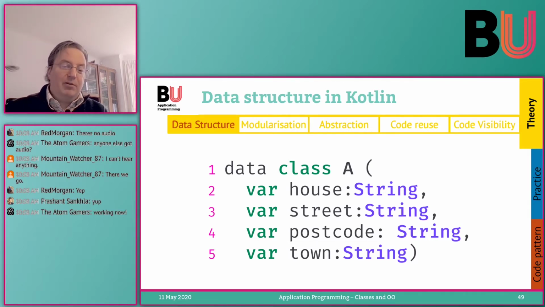It says, okay, you want to have these parameters, and it provides equals, it provides toString, etc. That comes with some restrictions in terms of what you can inherit or inherit from. But data classes are there. They are a pure data structure. Just put these things together, and that's the structure.